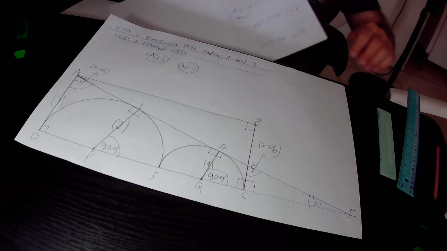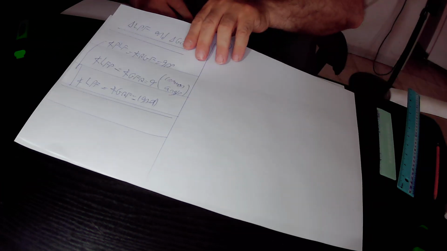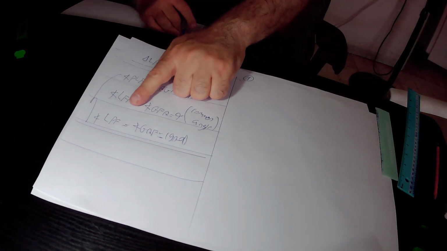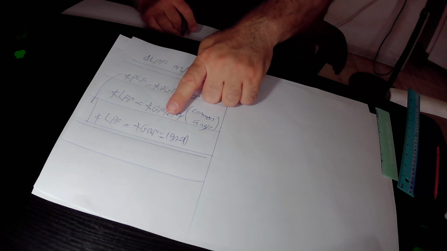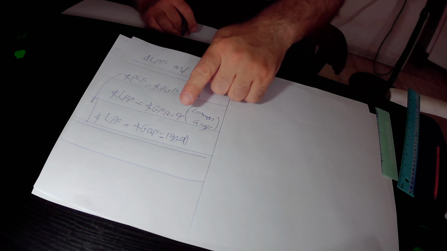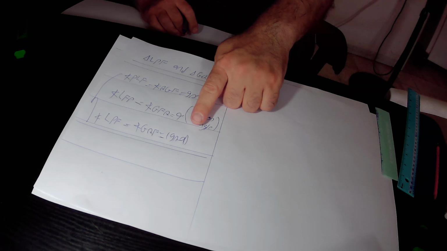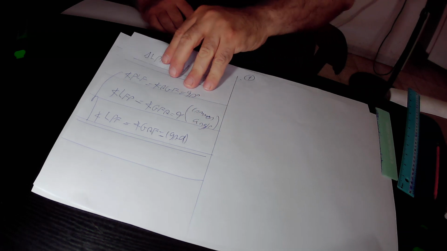So to repeat, angle LPF in the big right triangle PLF equals angle GQF in the small right triangle FGQ. They are both equal to 90 degrees minus alpha, therefore they are equal to each other.